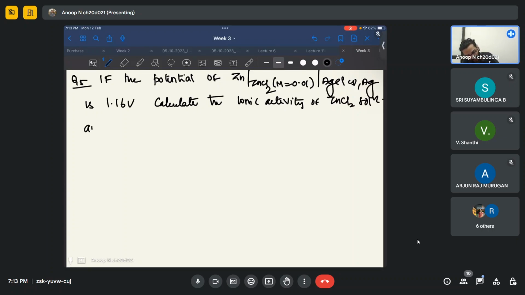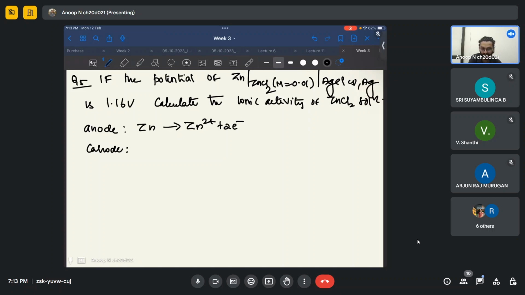So always write the anode reaction, then the cathode reaction. What will be the anodic reaction here? Yeah, we can write Zn gives Zn2+ plus 2 electrons. What will be the cathodic reaction? Think about what's happening in the Ag/AgCl reference electrode.